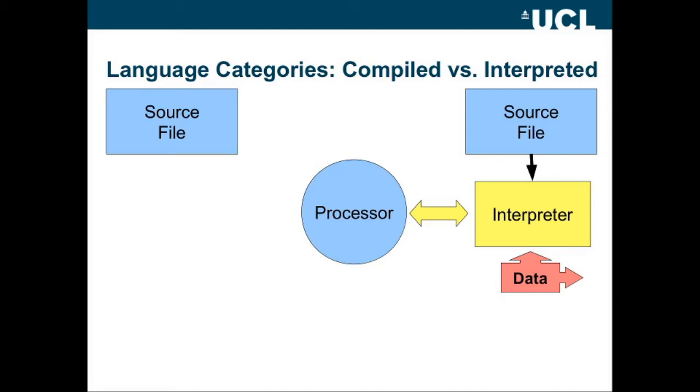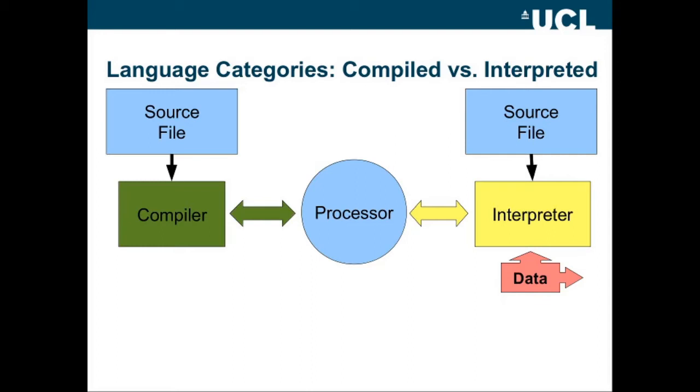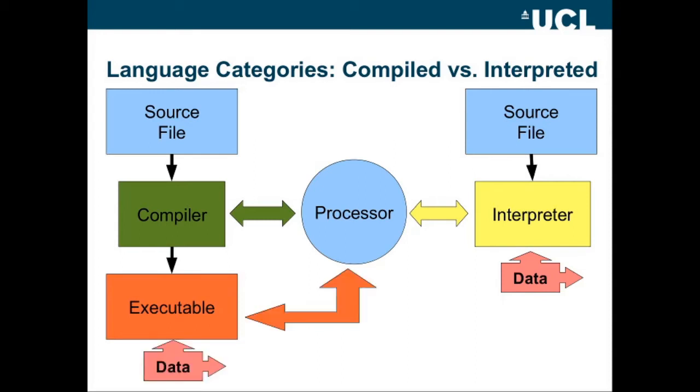In a compiled language, your source file is run through a program called a compiler, and that then produces an executable program. That executable is now able to talk directly to the processor and can read and write data. So these have different advantages and disadvantages.